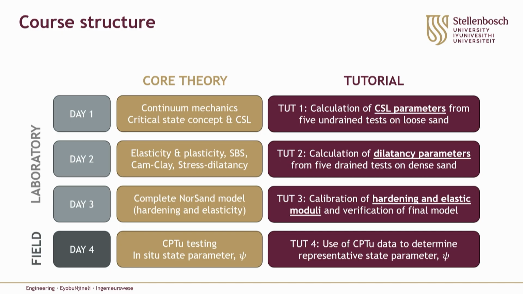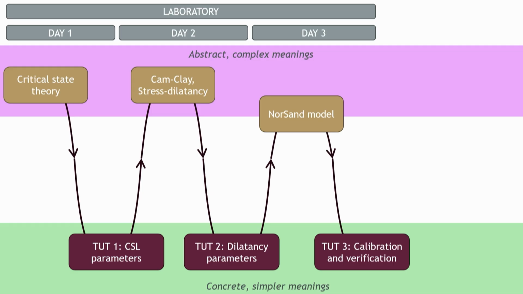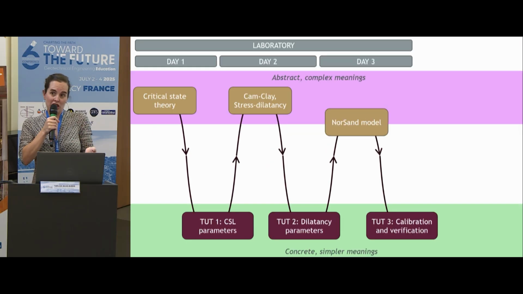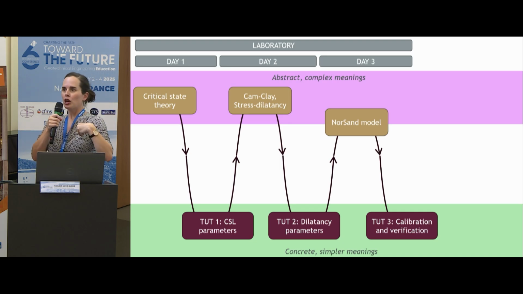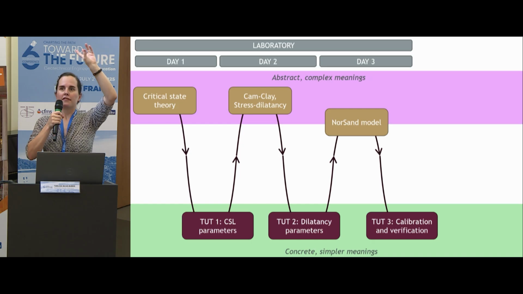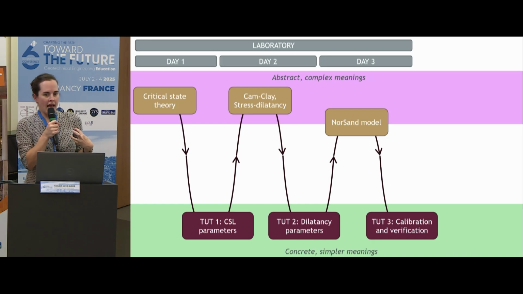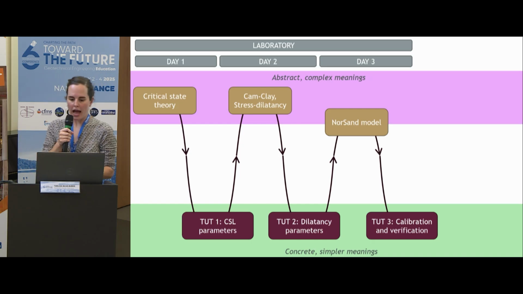Now, if we transfer this into the semantic wave concept, we have the lectures at the top with all the theoretical knowledge and the tutorials at the bottom with all the concrete practical applications. You can also think of it in terms of passive and active learning styles. So the top is the more passive lectures and the bottom is the active tutorials.